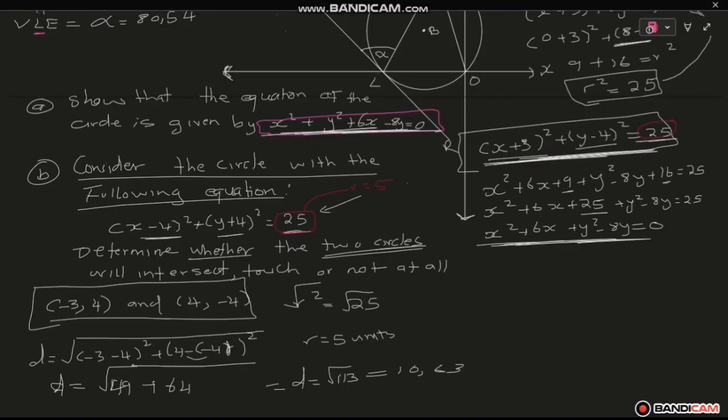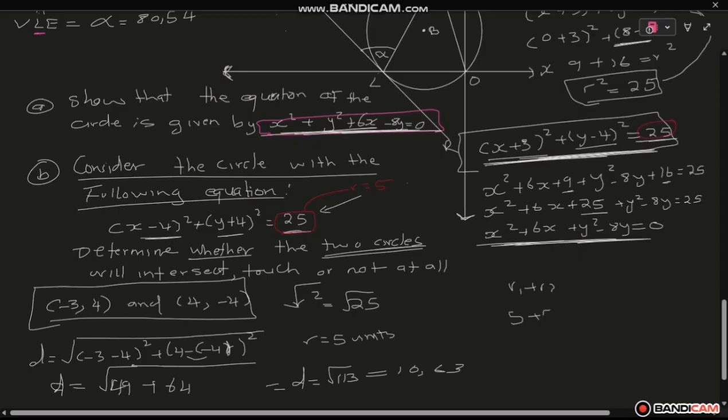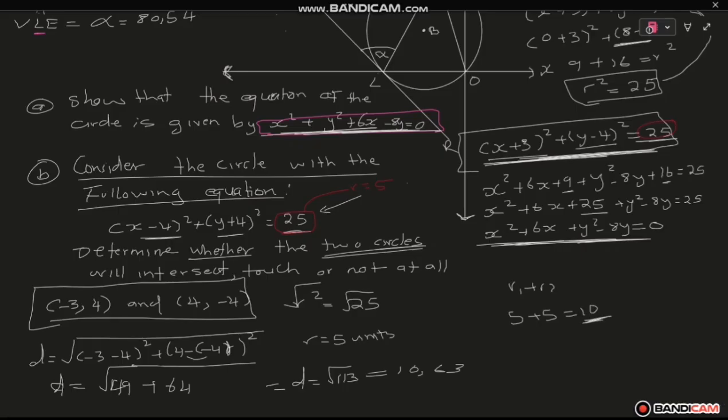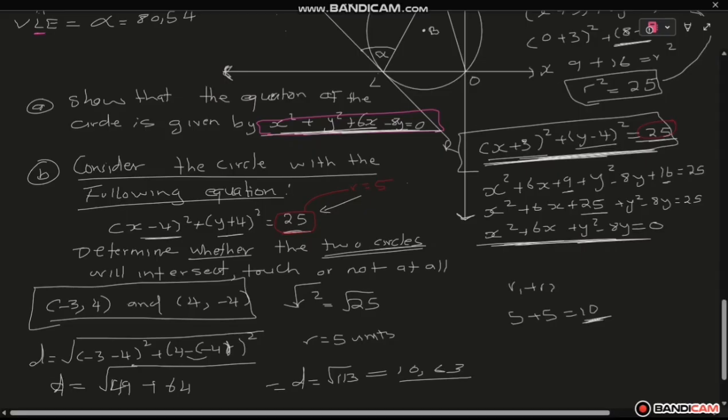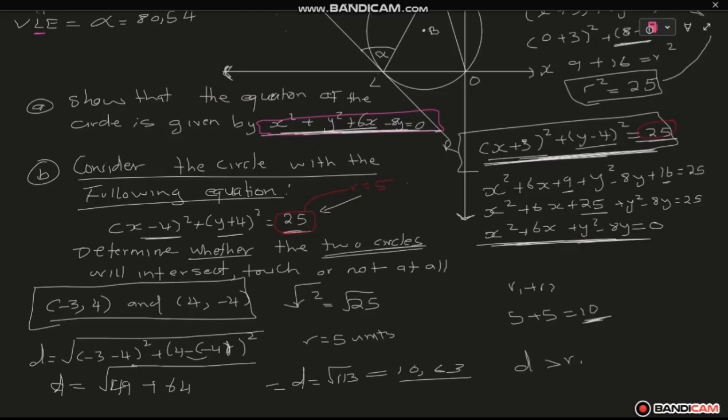Now we must sum the radii. So R1 plus R2, 5 plus 5 equals 10 units. But you can see when you compare the distance and the radii that the distance is greater. Distance is greater than R1 plus R2. Therefore, we can go back to what I was explaining in this video.